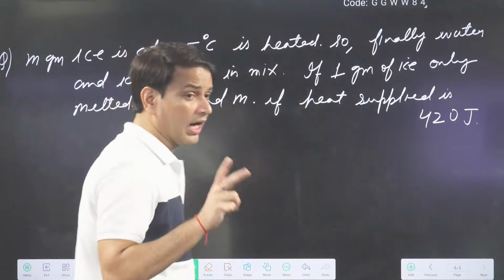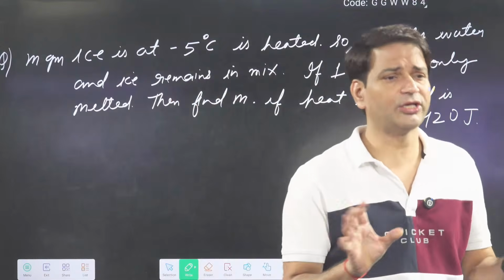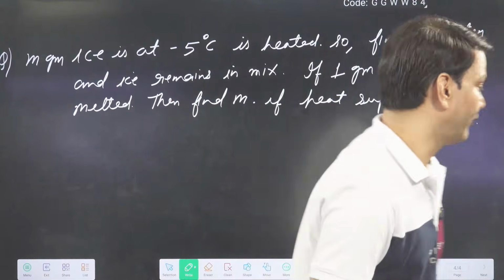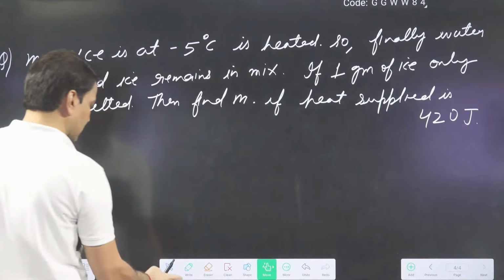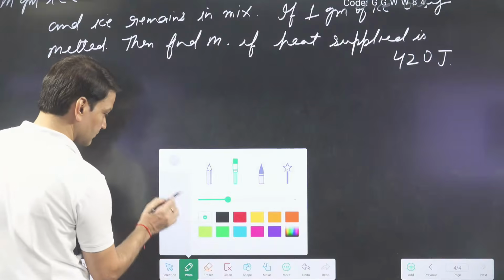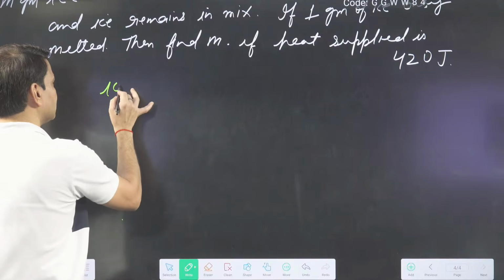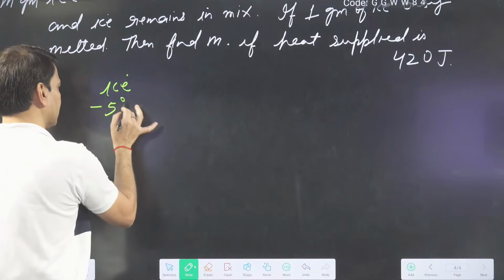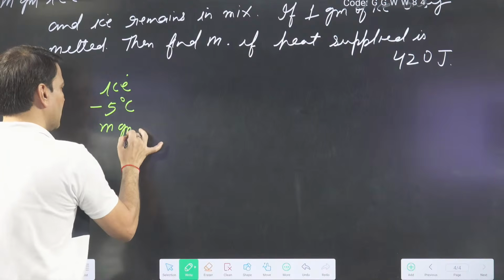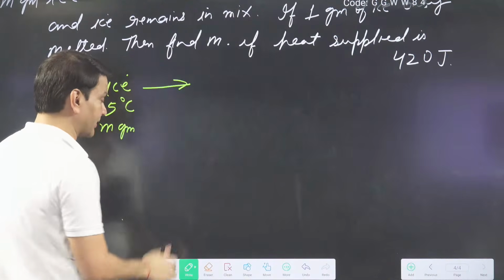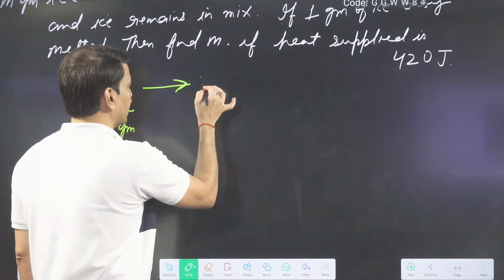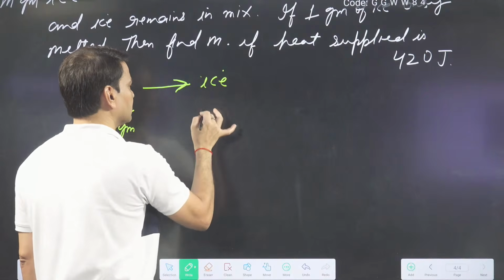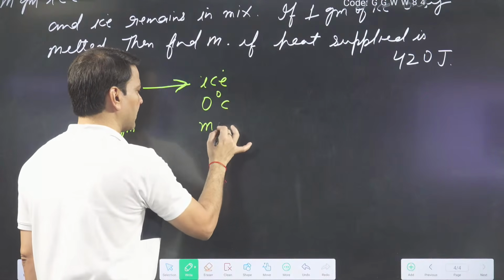Now listen, we can solve this problem by the unit issue only. First we write the ice conversion. Ice at -5°C, and the mass is m gram. It will first go to the melting point, which is 0°C, so we have ice at 0°C, total m gram.